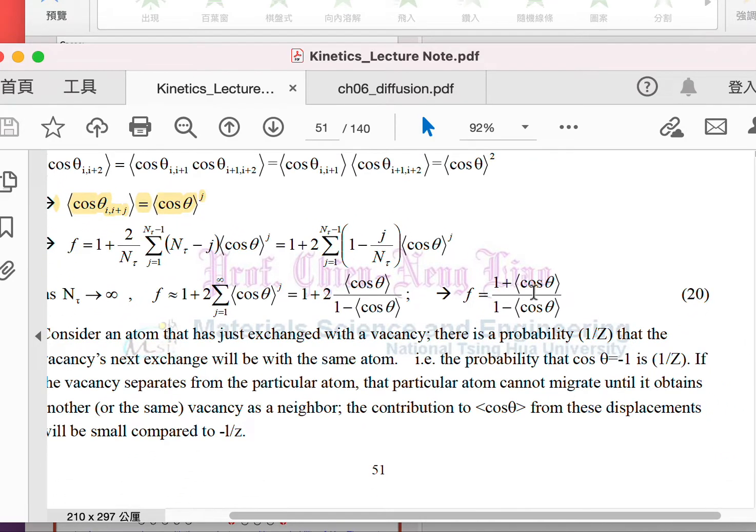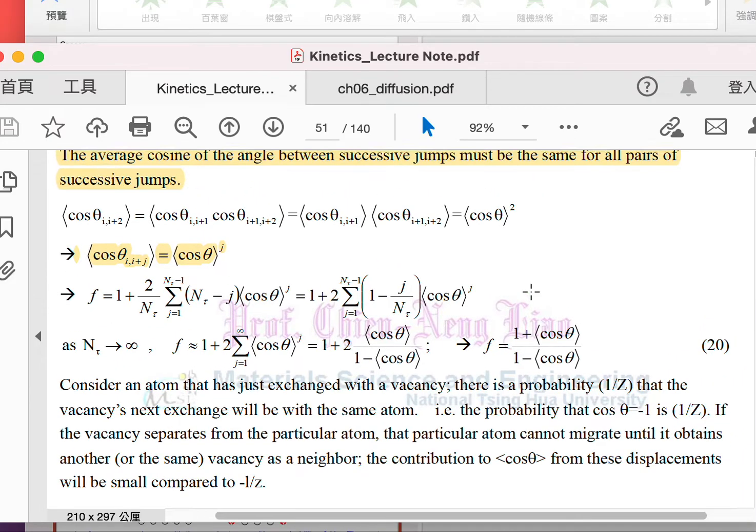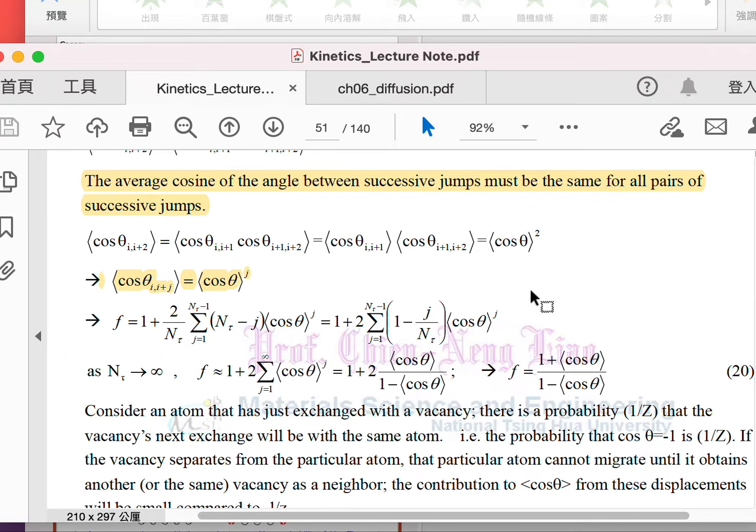And what's the average of cosine theta? How to get this one? The very important point is that the average of cosine theta of the angle between successive jumps must be the same for all pairs of successive jumps.